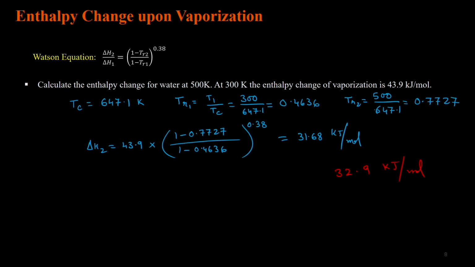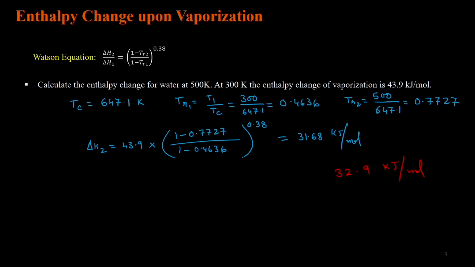So why are we interested in this? It turns out if we have a process where there is a phase change from liquid to vapor or vice versa, these types of calculations come in handy for enthalpy calculations for enthalpy change upon vaporization or entropy change upon vaporization, etc.